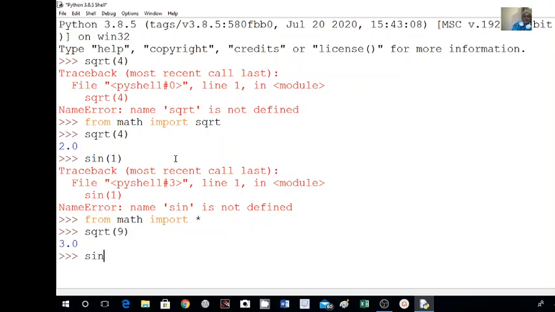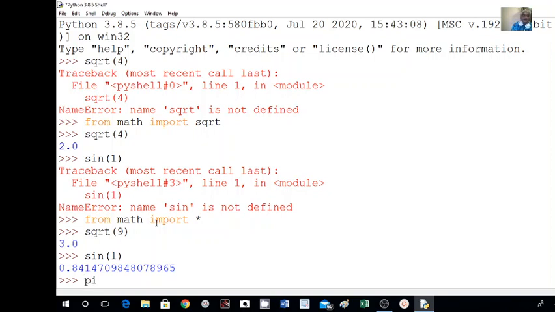What about sine? Sine of say 1, I am getting the answer. That is, here we are using mathematical functions. To import all those mathematical functions, we have to give this command, from math import star.